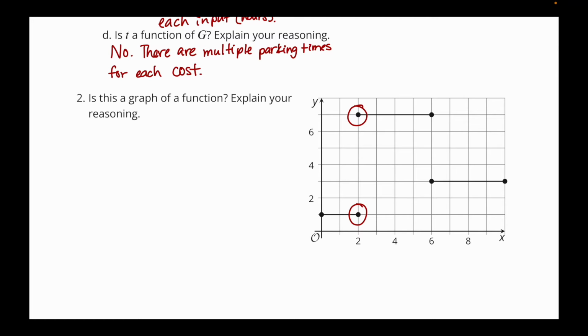In the previous question, I used what we call open circles or unfilled circles as points. And that implies that one of them can get infinitely close. So we have multiple outputs when the input is 2. And likewise, we also have multiple outputs when the input is 6.